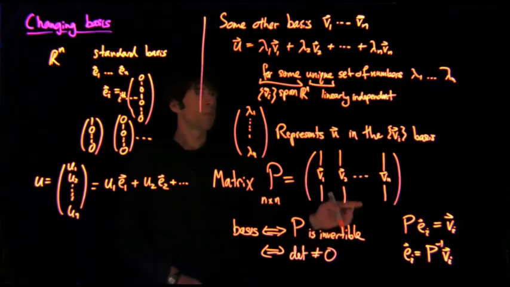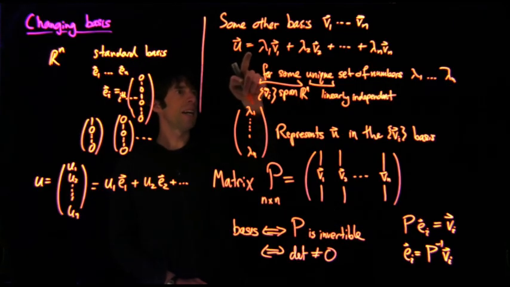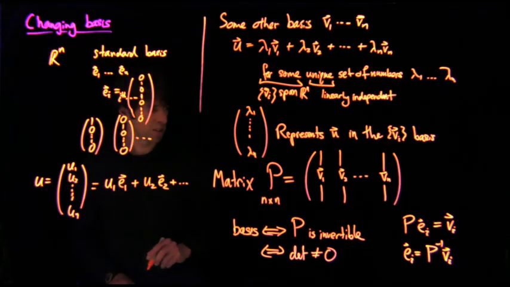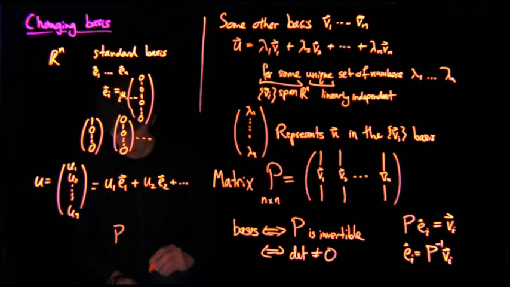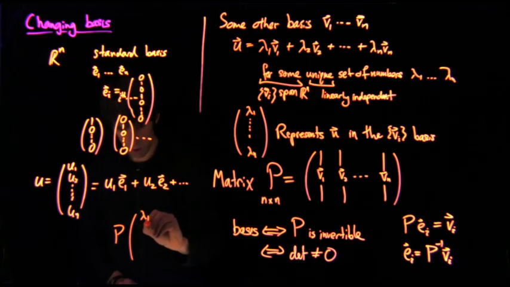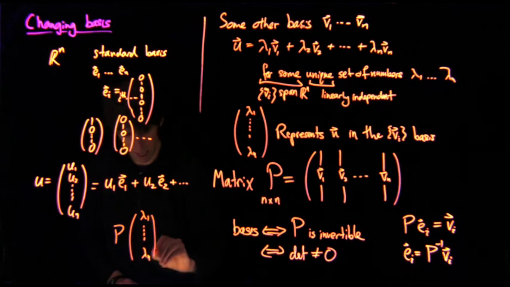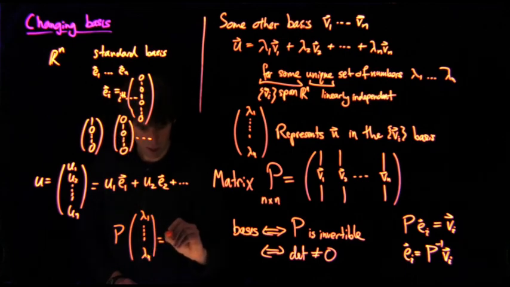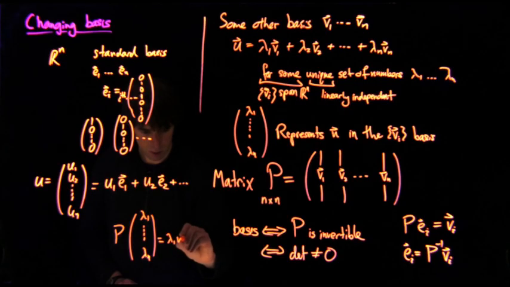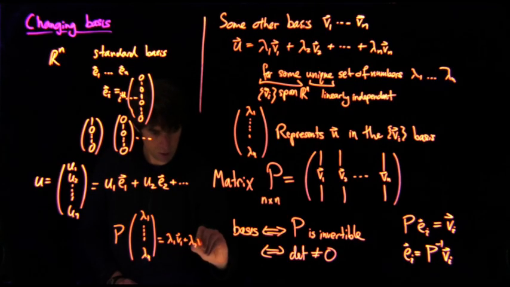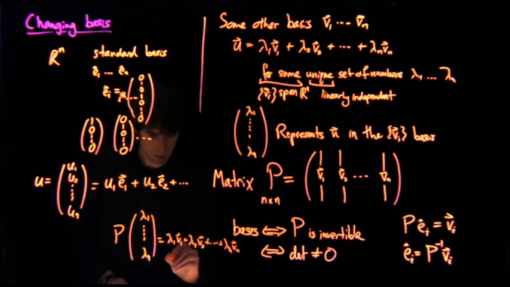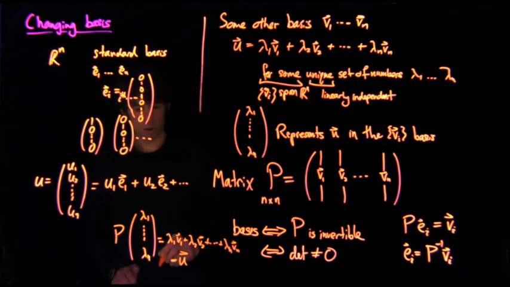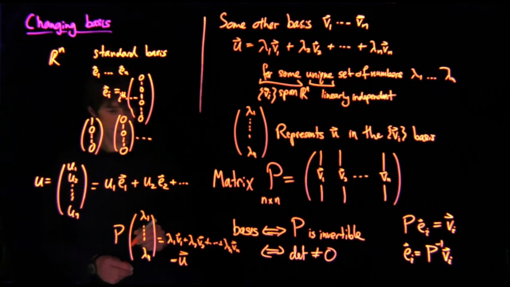Now this is useful because if I take a vector u and I think of it as being represented by these lambdas, then I can write the following. So P times the vector lambda 1 up to lambda n is equal to lambda 1 times v1 plus lambda 2 times v2 plus dot dot dot up to lambda n vn, which was my vector u that's represented in the v basis by these coefficients.